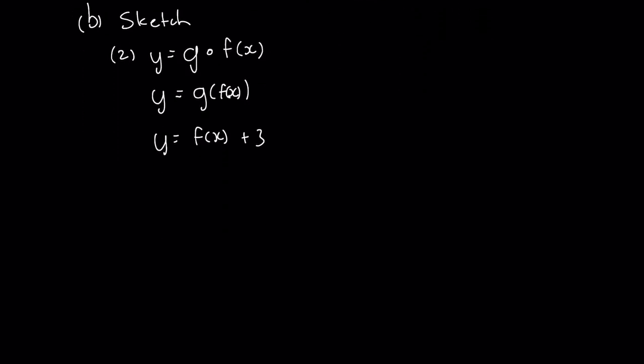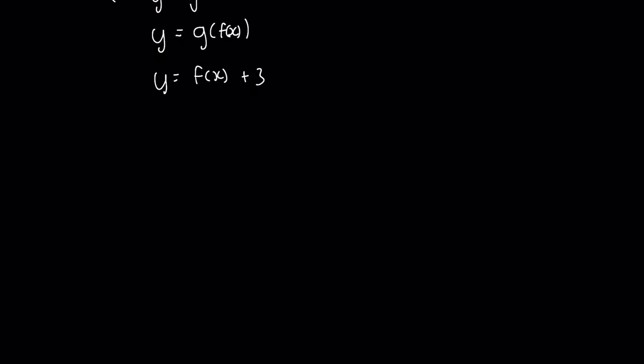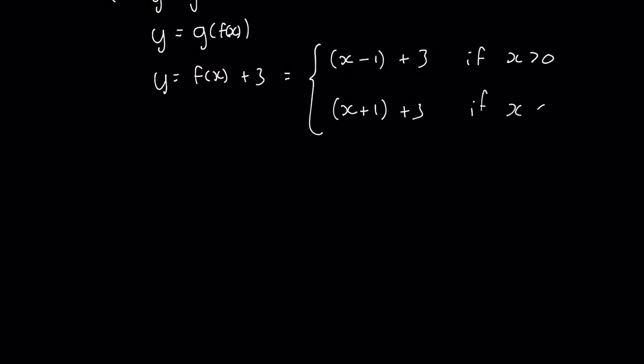Alright, so if we now expand that one, y equals f of x plus 3, based on your original instruction that was given, f of x plus 3 is equal to x minus 1 plus 3 if x is greater than 0. We're not changing these restrictions now because this is based on f, and we are substituting f of x into g of x. All right, and secondly, it's equal to x plus 1 plus 3 if x is less than or equal to 0.